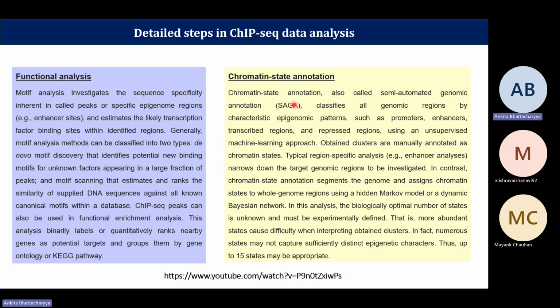Most commonly, what people look for is whether or not it's an enhancer region that is getting enriched. So region-specific analysis usually involves enhancer analysis that narrows down the target genomic regions to be investigated. And chromatin state annotation basically segments the genome, assigns chromatin states to whole genome regions using an HMM, or hidden Markov model.